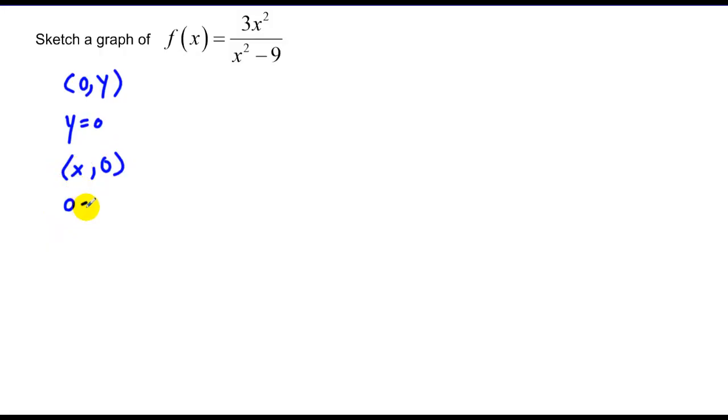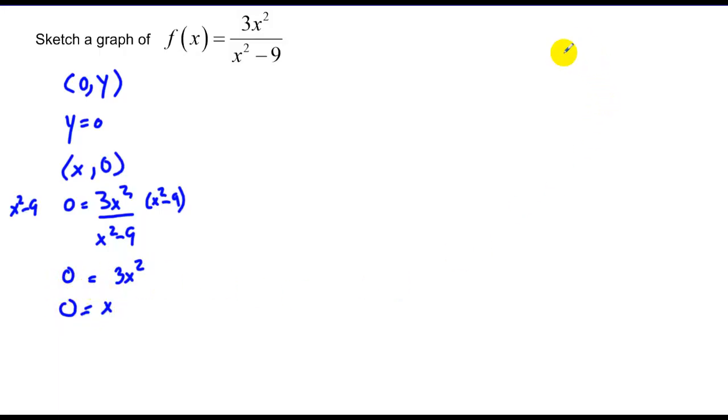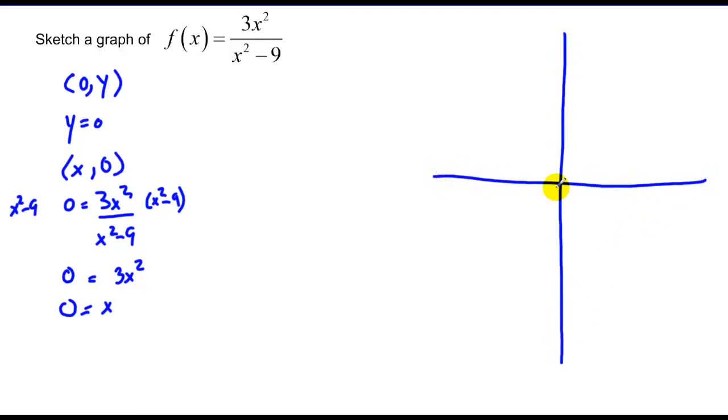Therefore, 0 equals 3x squared over x squared minus 9. Multiply by x squared minus 9 to both sides. We get 3x squared equals 0. Therefore, x equals 0 again. So I take and graph the x and y intercept at 0, 0.